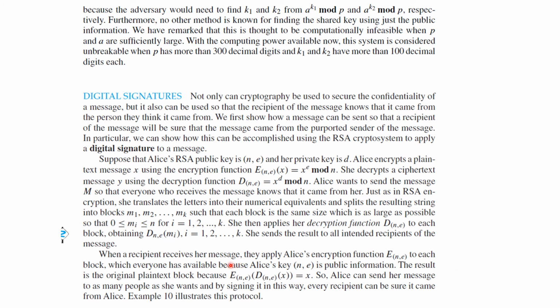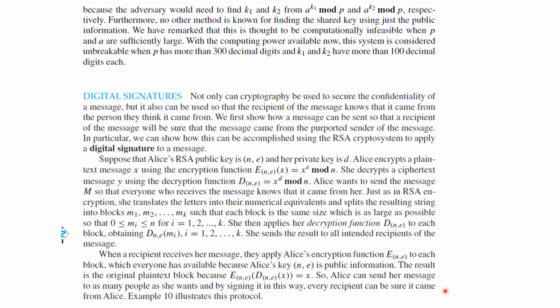When the recipient receives her message, they apply her encryption function to each block, that everyone has available because her key is public information. The result is the original plaintext block because these two things are inverses of each other. So Alice can send her message to as many people as she wants, and by signing it this way, everyone is sure it came from Alice.